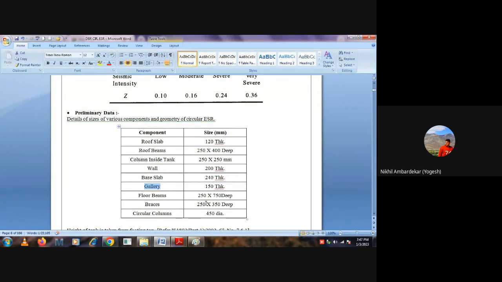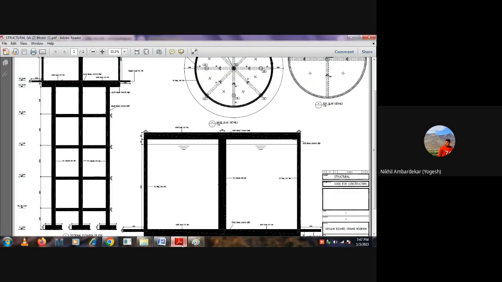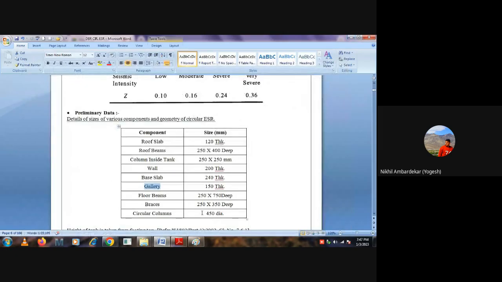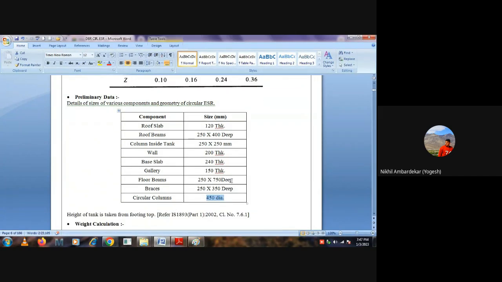Floor beams are 250 by 750. The braces, meaning the columns or beams, are 250 by 350. And the circular central column diameter is 450 mm. We collected everything together for the weight calculation.